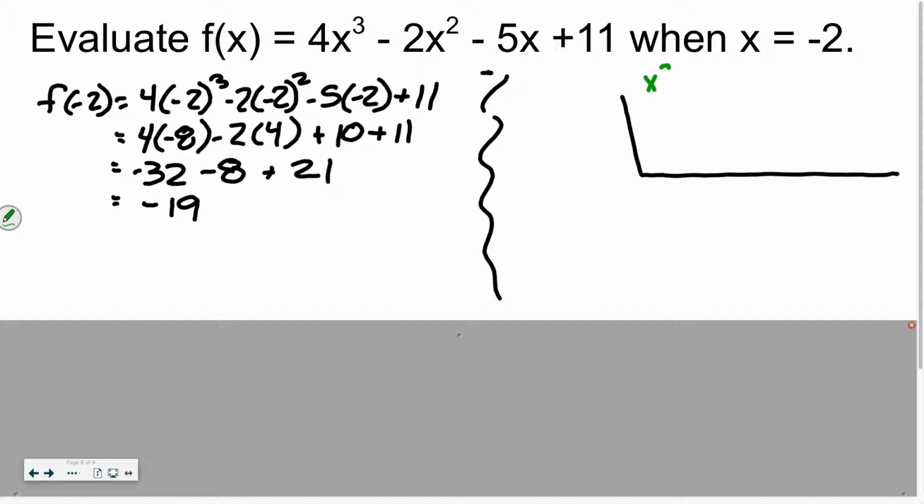X cubed. So we're going to do x cubed, x squared, x and a number. And I'll drop in my coefficients. 4, -2, -5, 11. When it says when x equals -2, what am I going to put on the outside of my synthetic? -2.